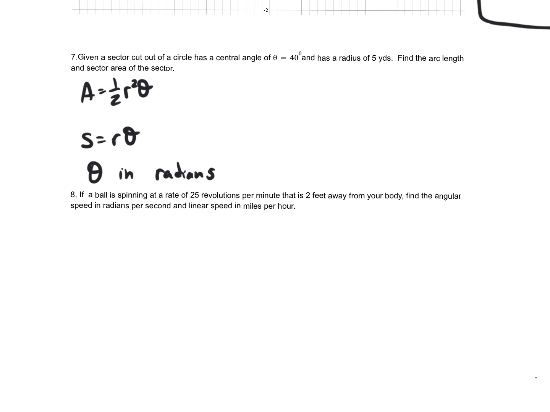So in this problem it says, given a sector area cut out of a circle has a central angle of 40 degrees and a radius of 5. Find these things. The first thing I'm going to have to do is turn 40 into radians. So I'm going to multiply by pi over 180. That's going to give me 40 over 180 pi. Cancel the zeros, so that turns into 2/9 pi.